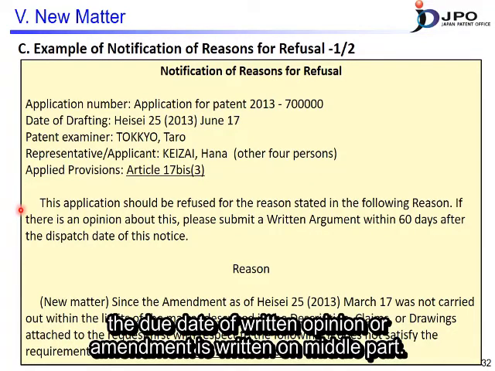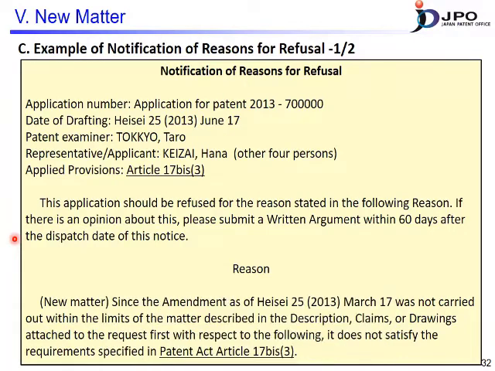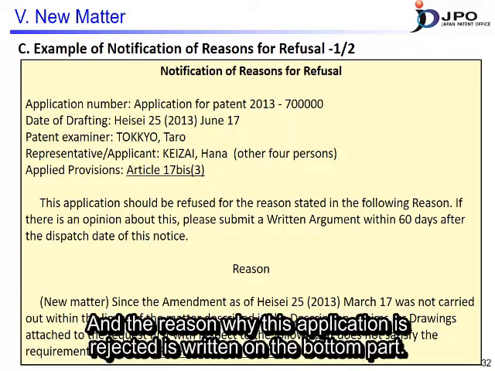The due date of the written opinion or amendment is written on the middle part. Applicants should submit a written opinion or amendment against the reason for refusal within 60 days. And the reason why the application is rejected is written on the bottom part.